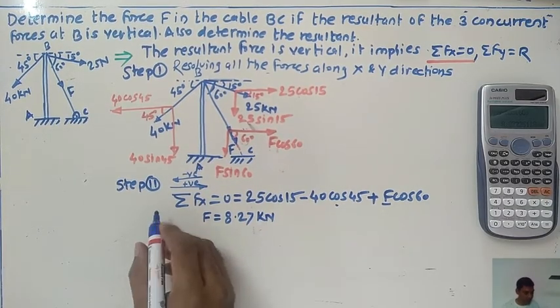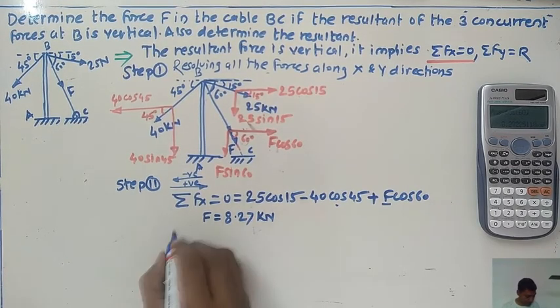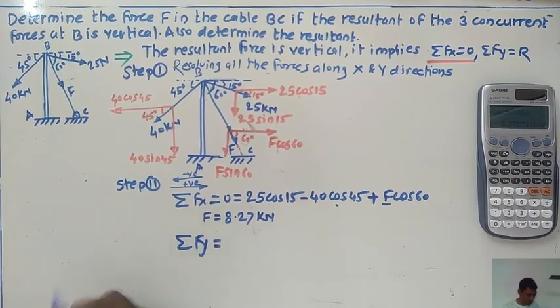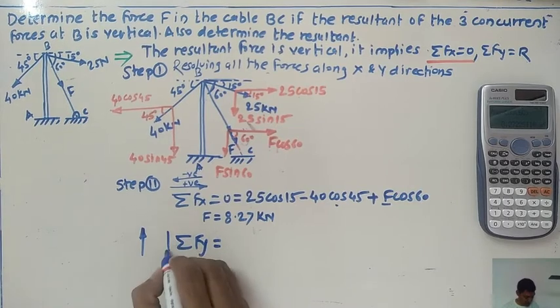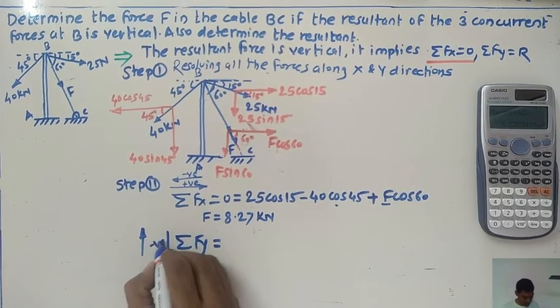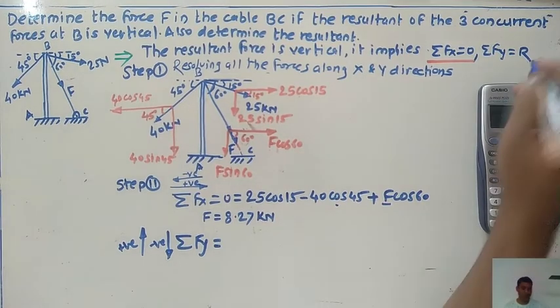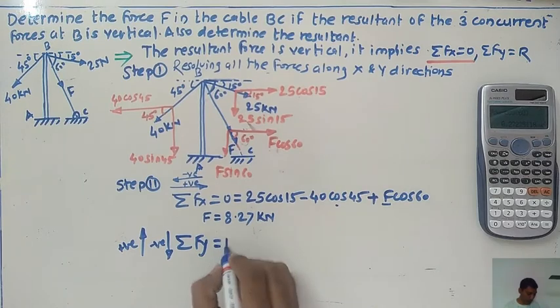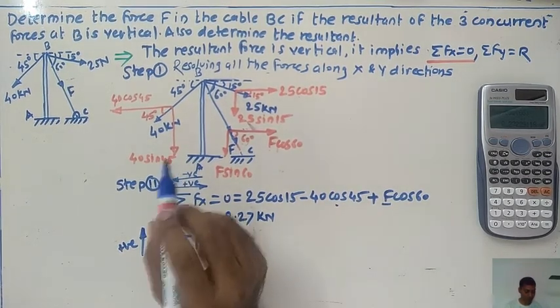Also the information regarding the resultant with us, or before that just do the second step, summation of F of y by considering this as sign conventions. Negative, this one must be positive. So summation of F of y already given in the problem. Summation of F of y equals to R. Now focus only on the vertical forces.